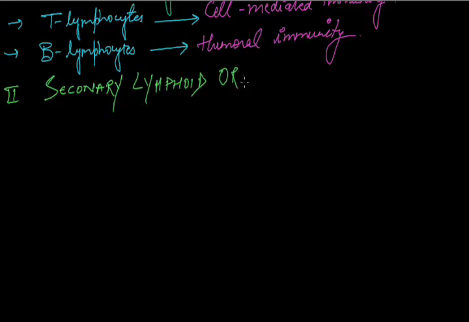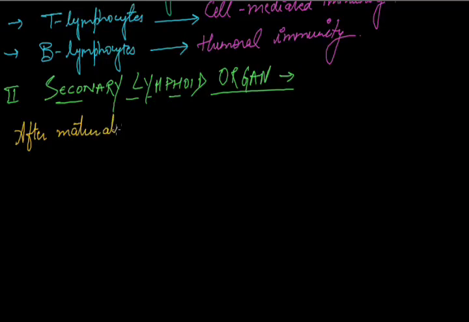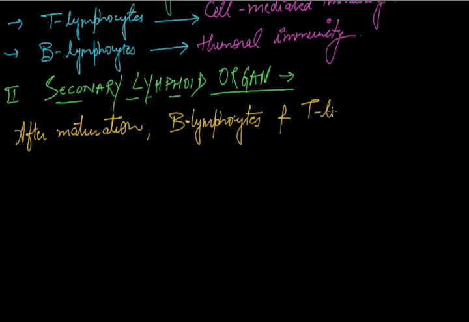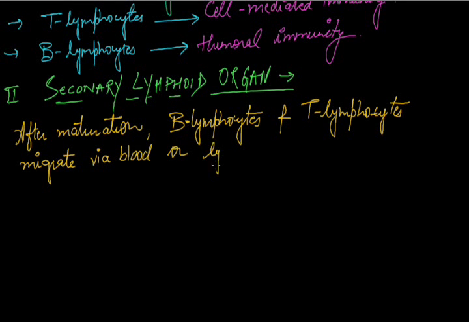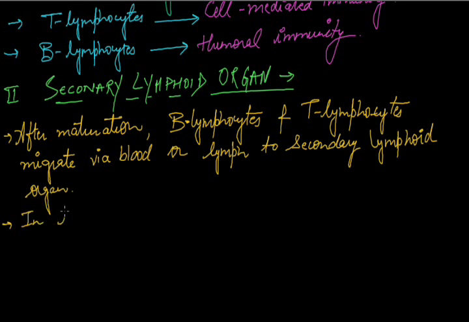Next is secondary lymphoid organ. After maturation, B lymphocytes and T lymphocytes migrate via blood or lymph to secondary lymphoid organs.